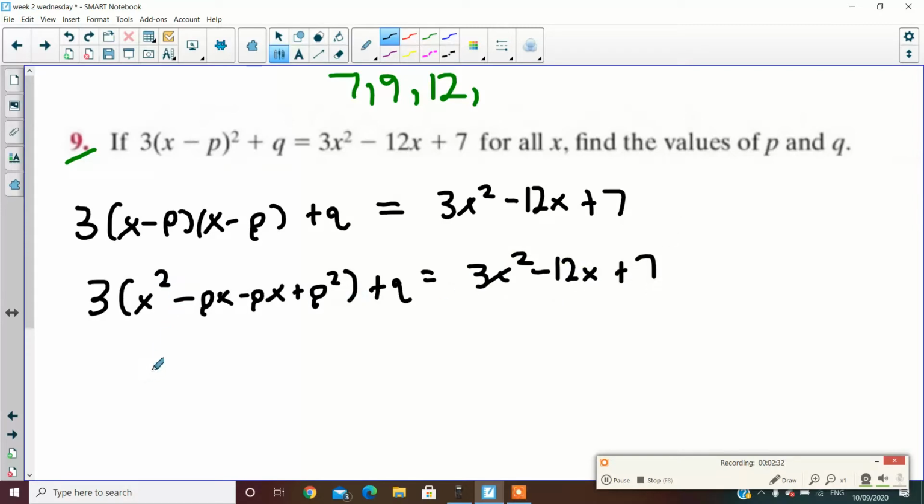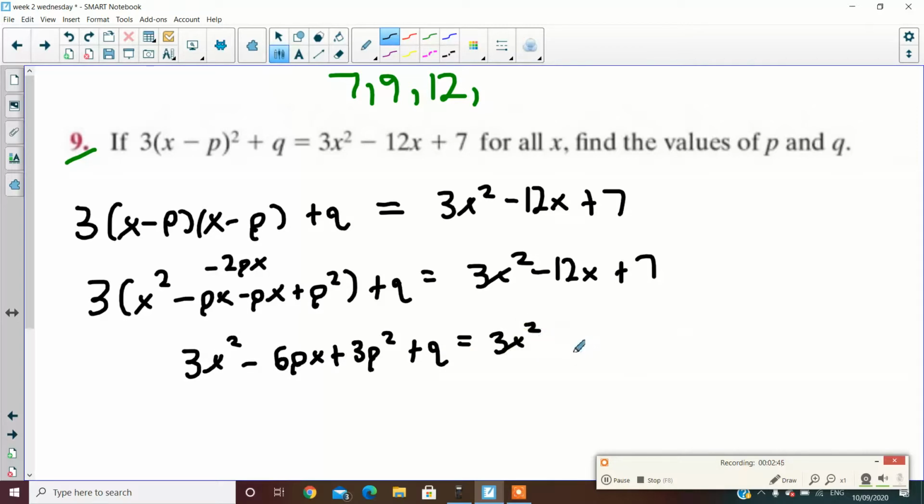Finally multiply both sides out, so it's going to be 3x squared minus 6px plus 3p squared plus q equals 3x squared minus 12x plus 7.